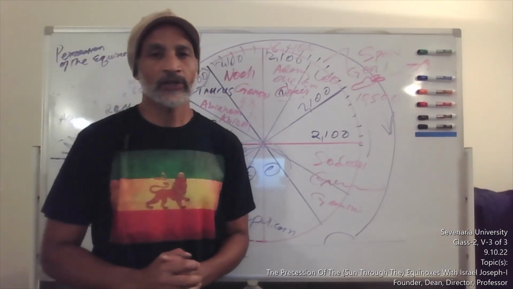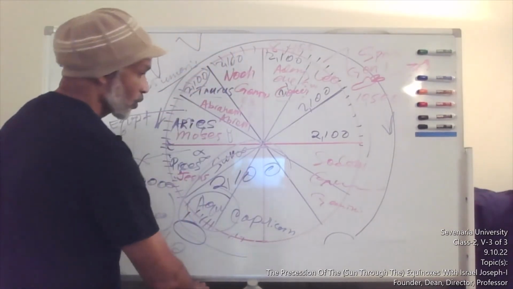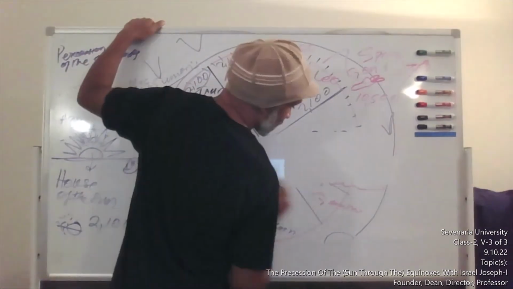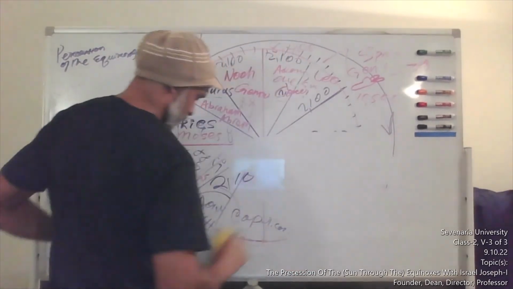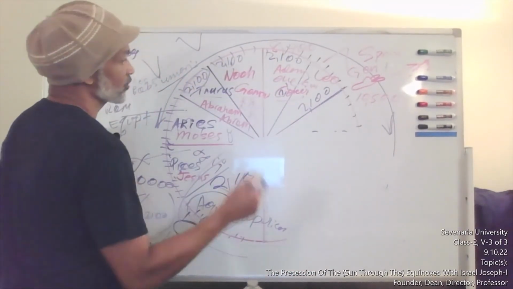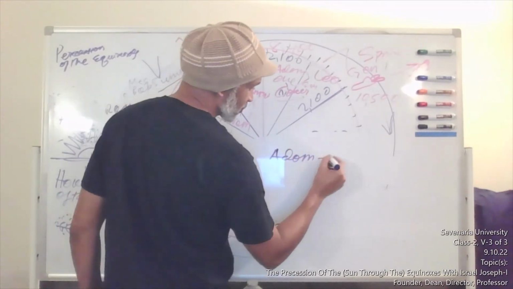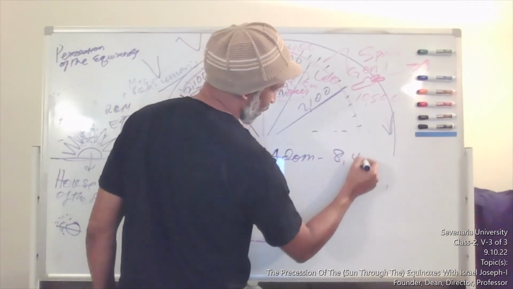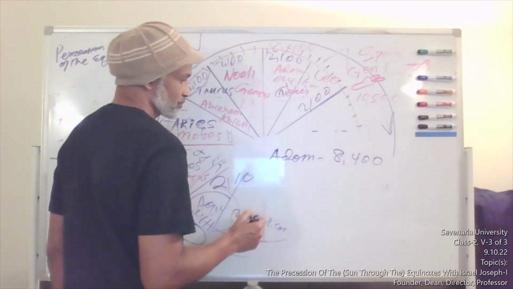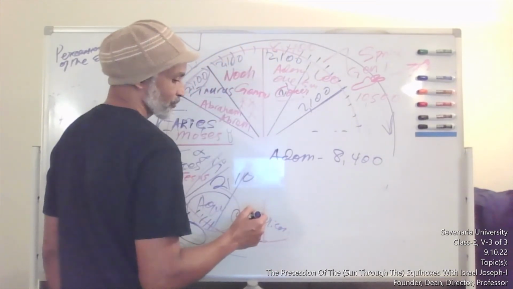Here at Sevenaria University, we want to be able to clearly explain the meaning of things. And we've just shown you that Adam was approximately 8,400 BC. Okay?